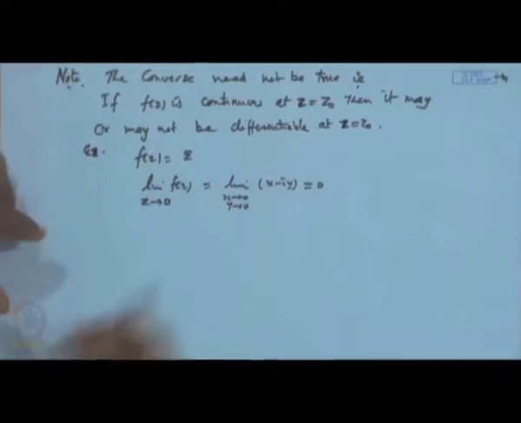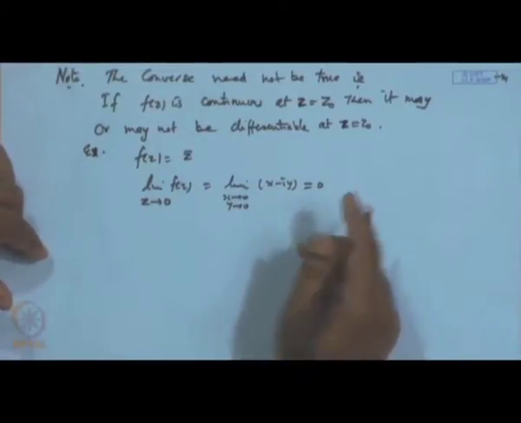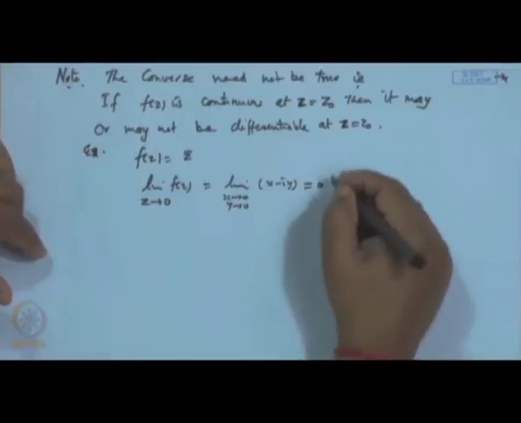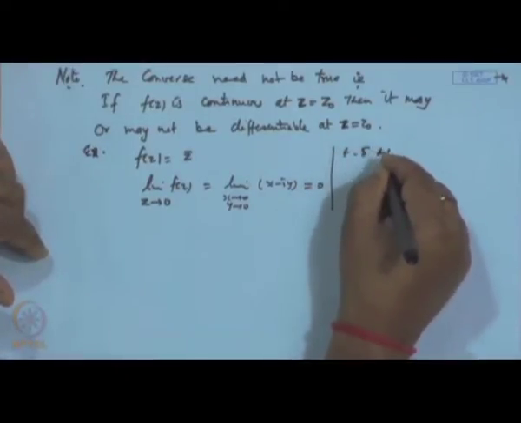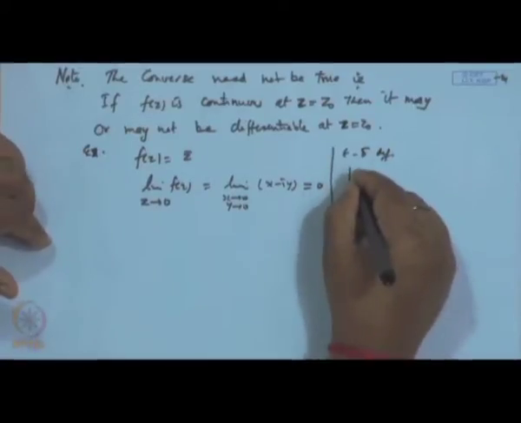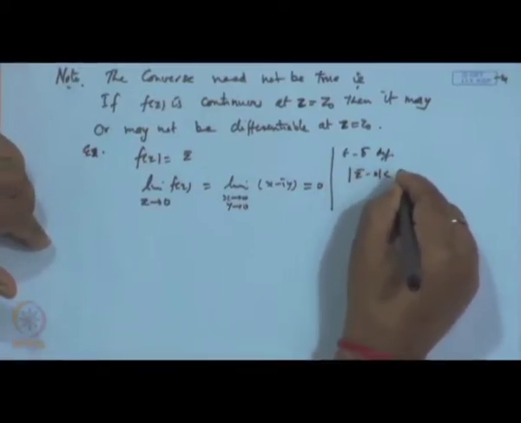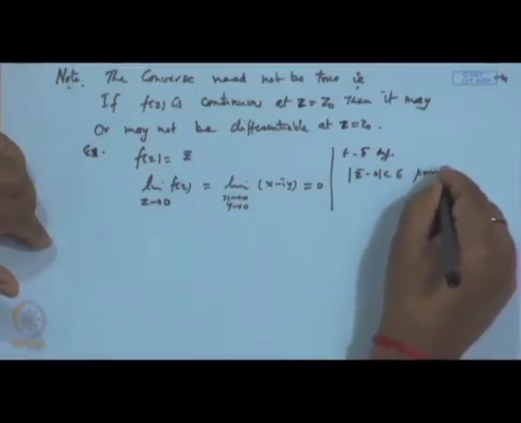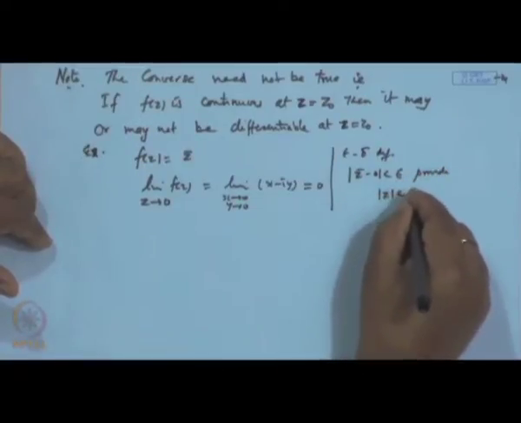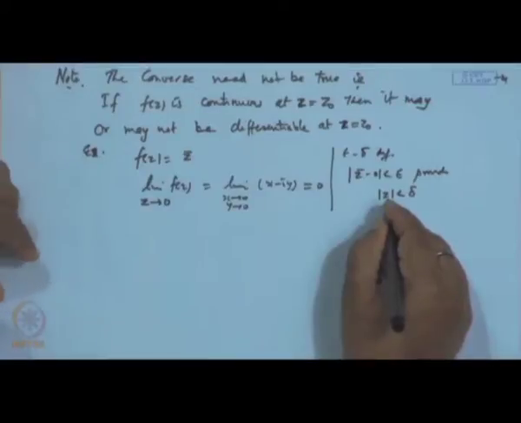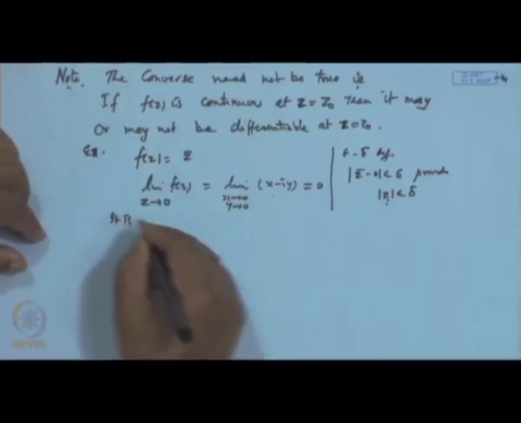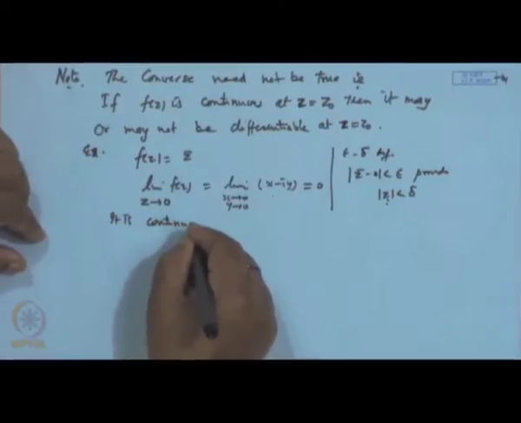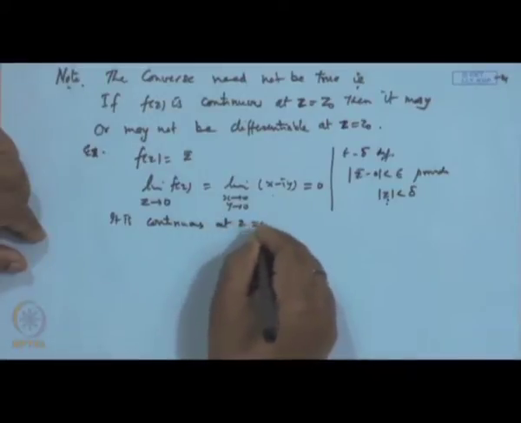Okay. And in fact, if I apply the epsilon-delta definition, the same thing holds: mod of z bar minus 0 can be made less than epsilon, provided mod of z is less than delta. Mod z means x and y tending to 0, so this will go to 0. So it is continuous at z equal to 0.